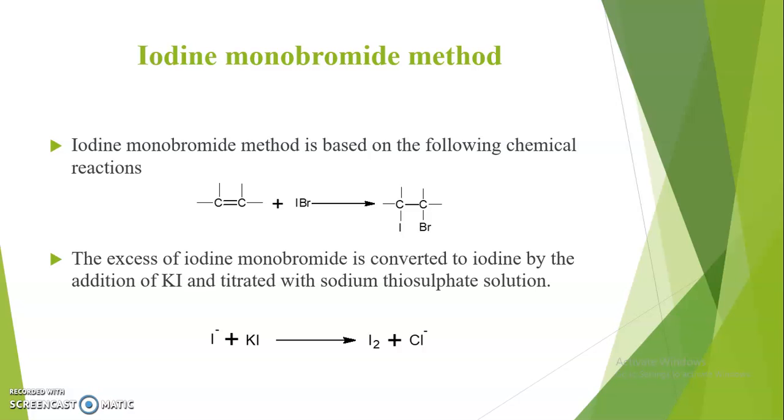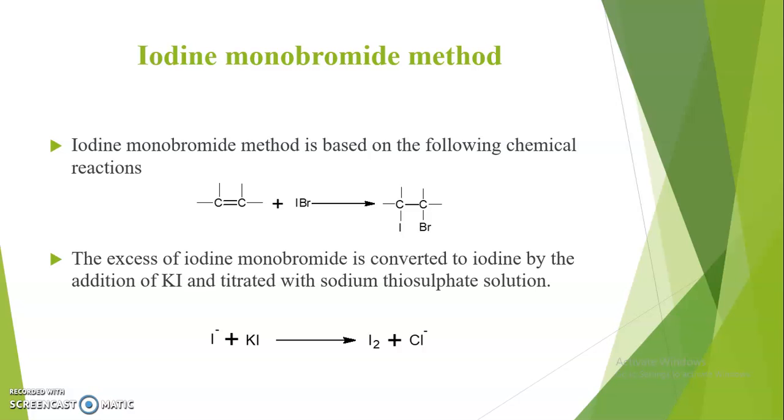In this case, iodine will be reduced and sodium thiosulfate will be oxidized to sodium tetrathionate. So this is the basis on which the iodine monobromide method is used, which is known as the iodometry type of titration.